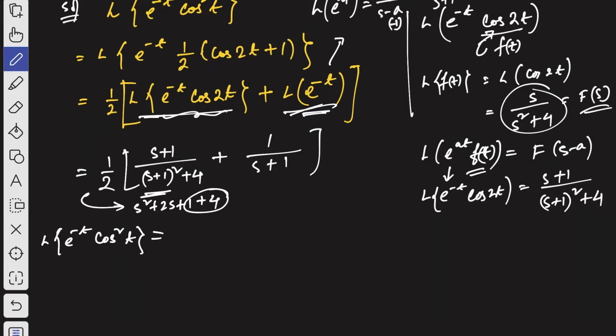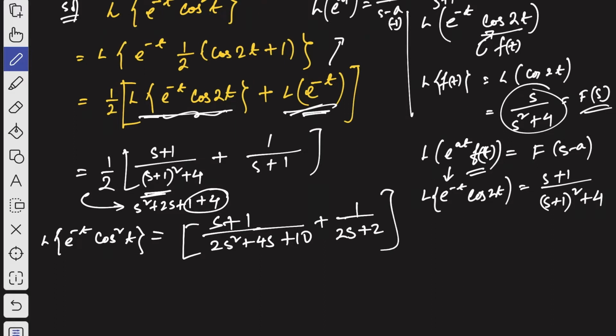And if you multiply this 2 here, then you will get 1 by 2, (s plus 1) by (s square plus 2s plus 5) plus 1 by (s plus 1), that's what you will get, right? So this is your answer. So that's how we can solve. Okay, now let's move on to the next question.